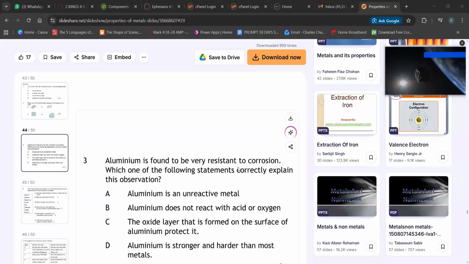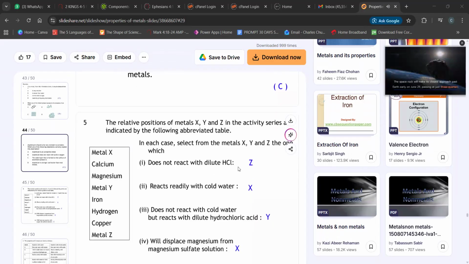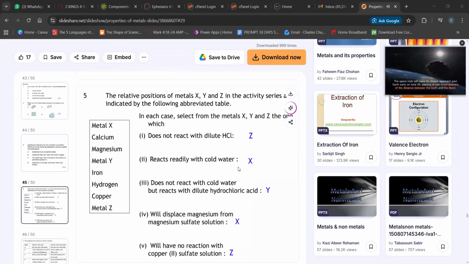It easily corrodes. But okay, I'll find a material on that, and we'll talk about it. Corrosion is the next thing we'll talk about. Maybe let's skip this one because we've not looked at corrosion.